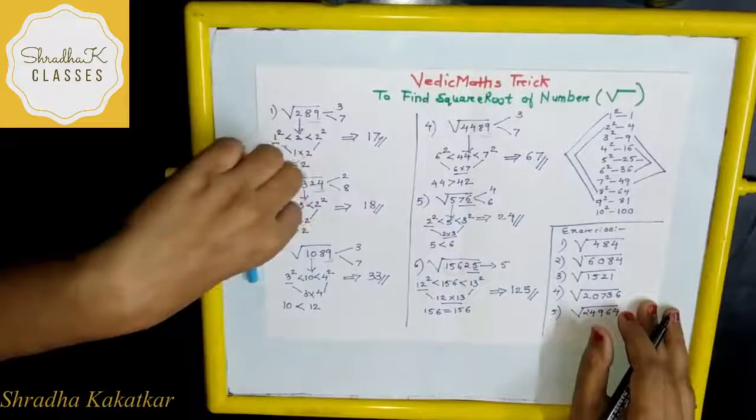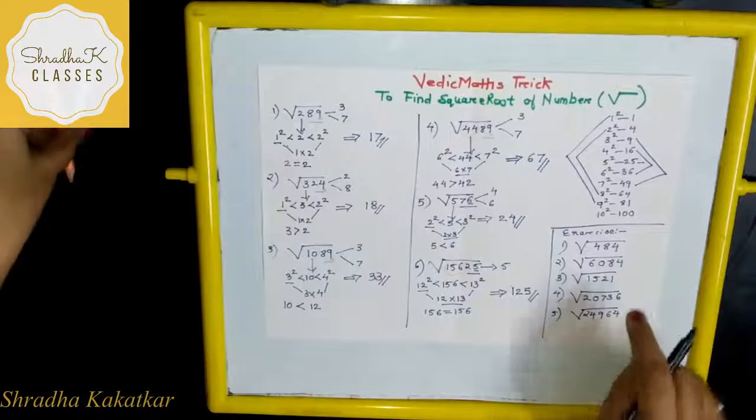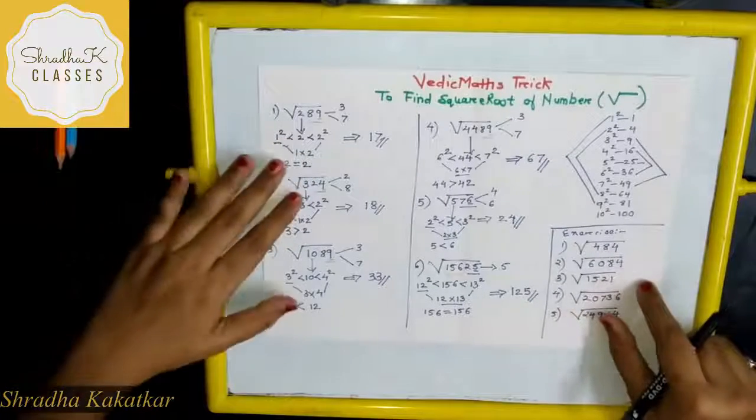What to do is try finding the square root of these 5 numbers.